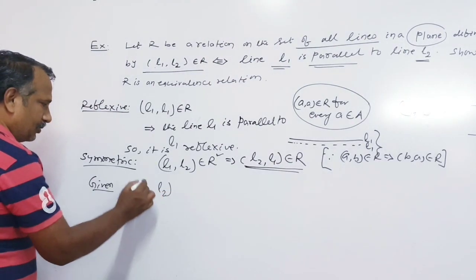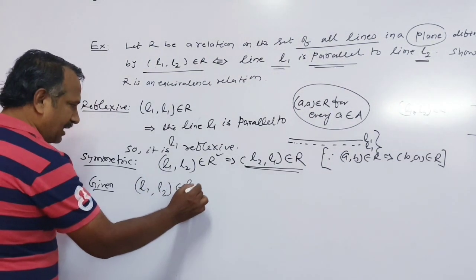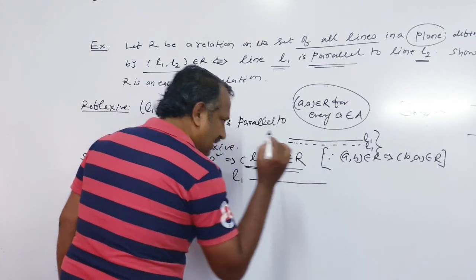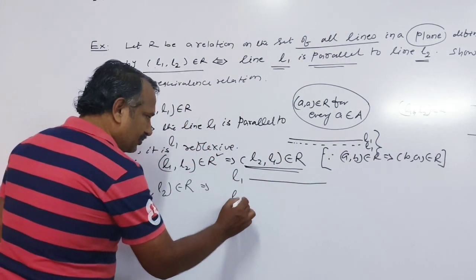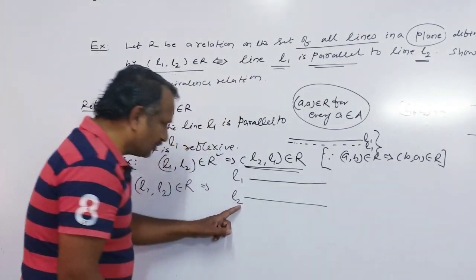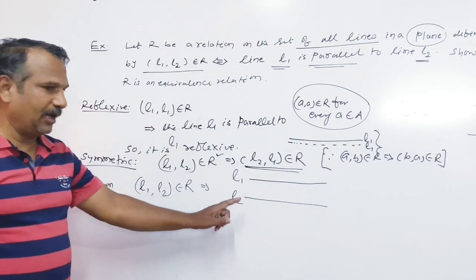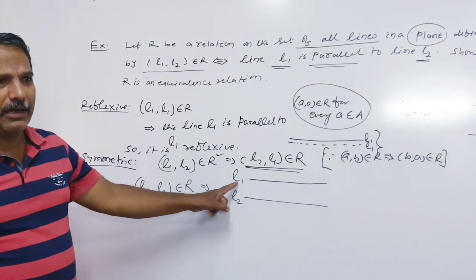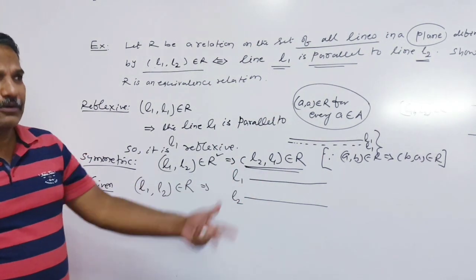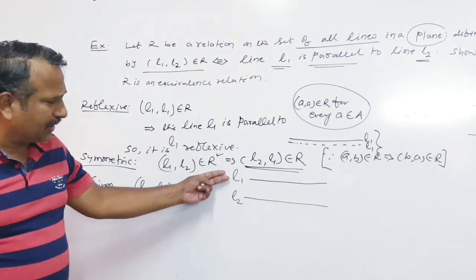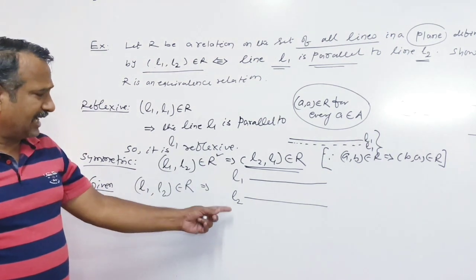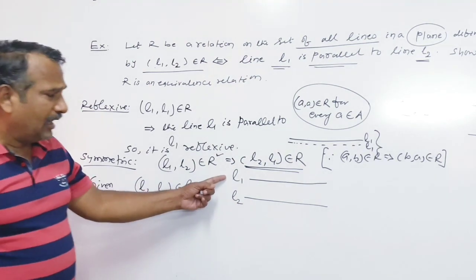So (L1, L2) belongs to R means the line L1, suppose this is L1 and this is L2, is parallel to L2. Same thing, L2 is also parallel to L1, because these two lines are parallel to each other. Either you can say L1 is parallel to L2, this is given, or you can say L2 is also parallel to L1.